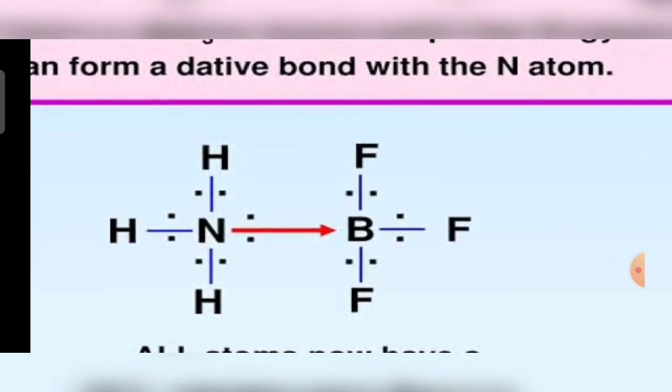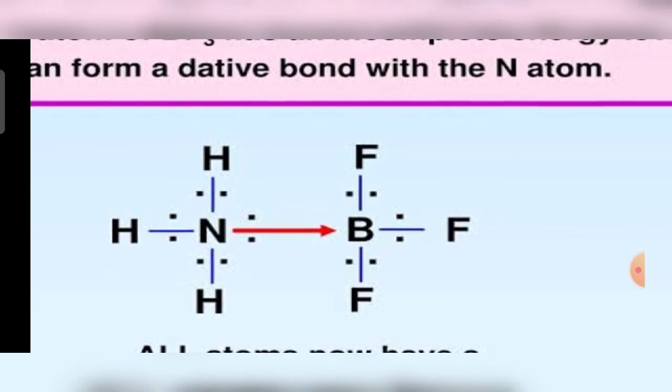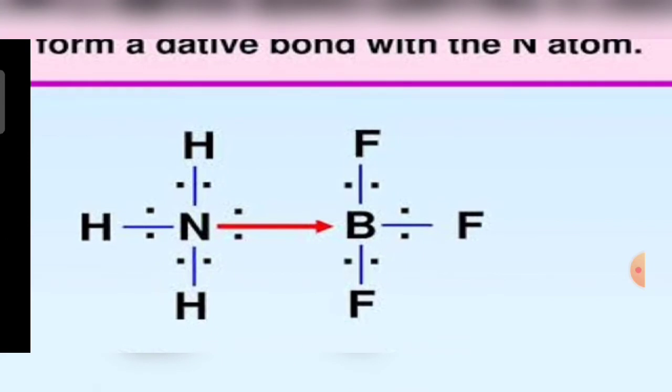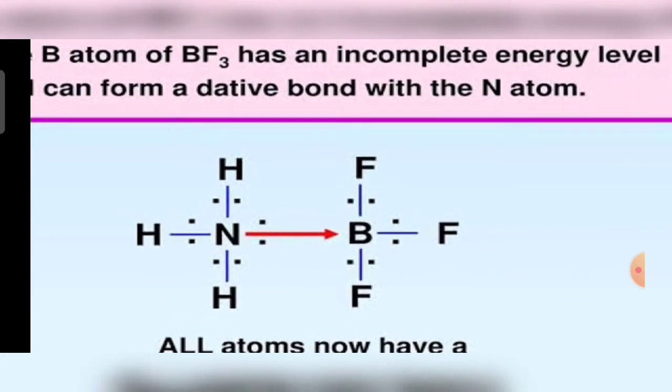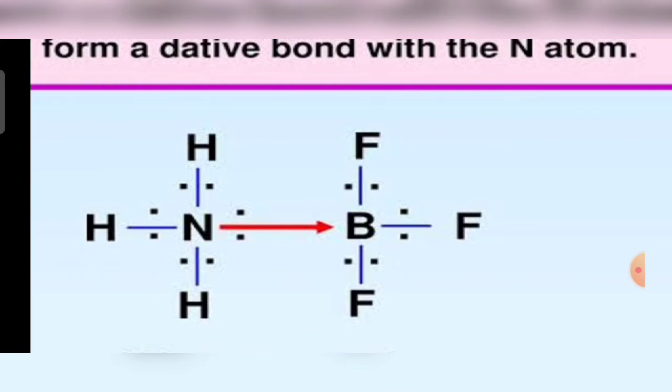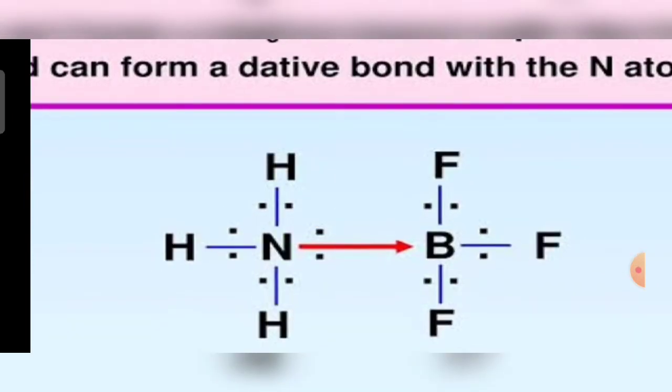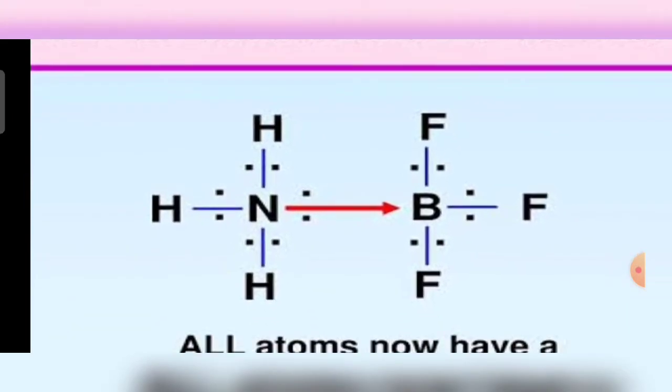First, because boron has 3 electrons in its outer shell, it will combine with the 3 fluorine atoms and share these 3 electrons. Now after sharing electrons with 3 fluorine atoms, it has 6 electrons, because it has a single bond pair with each fluorine atom.